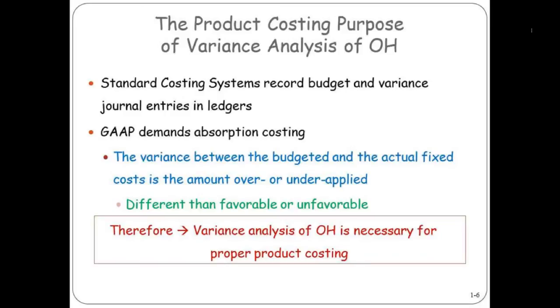So you then need to handle those variances and correct them out and have them reflect the actual overhead costs that were actually spent, no matter how you are allocating them through the life of the period. So remember that since GAAP requires absorption costing, you need to do this variance analysis and you need to correct it at the end. That doesn't mean you can manage off of it. It just means you have to do it for accounting purposes.